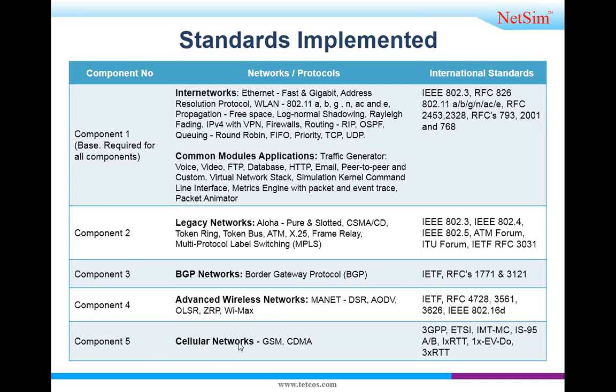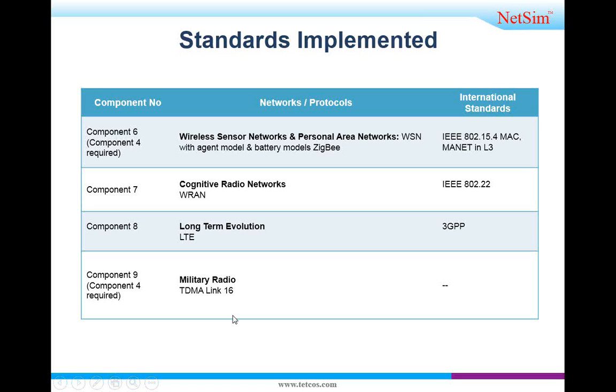Then component 5 has cellular networks, with both GSM and CDMA. Component 6 has wireless sensor networks and personal area networks with agent model and battery modules with ZigBee. Component 7 has cognitive radio networks, which has WRAN. Component 8 has the long-term evolution LTE module. Component 9 has military radio, that is TDMA Link 16. So these are the components in this NetSim software.